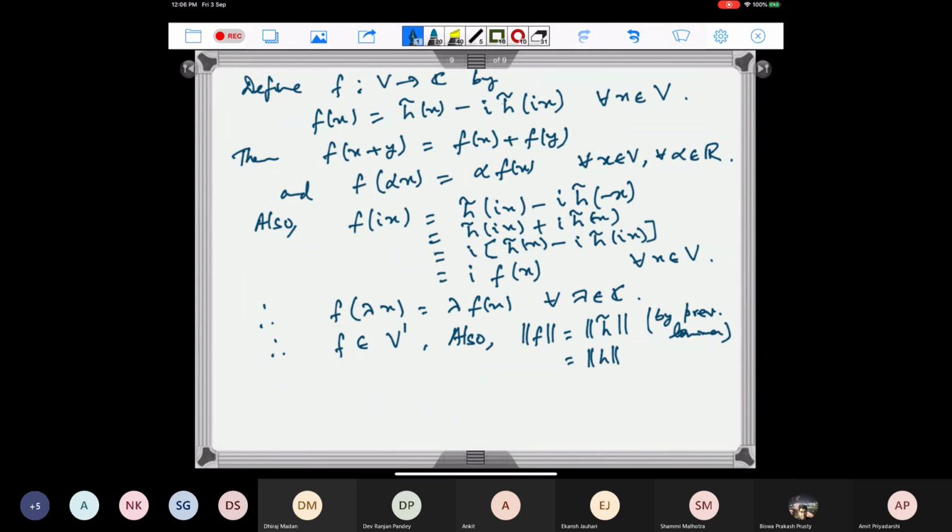This is by the Hahn-Banach extension, the way we did. And the norm of h is again equal to the norm of g, because h was the real part of this g. So this is again by the lemma. So what we got is the norm of f is equal to the norm of g. Hence we are done.